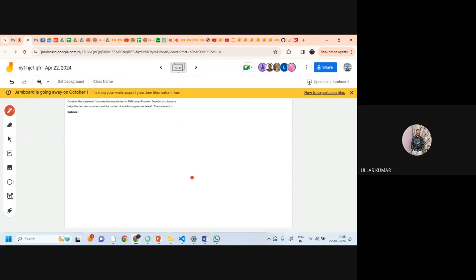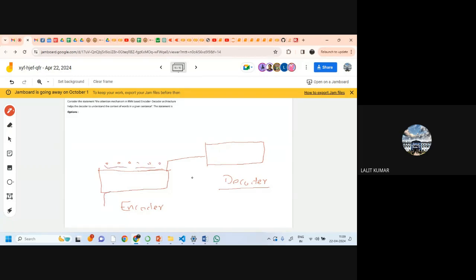So what do we do? Basically, this is the encoder, and its output goes to the decoder. So when we do the attention mechanism here, we are giving some semantic relation between the words to the decoder.